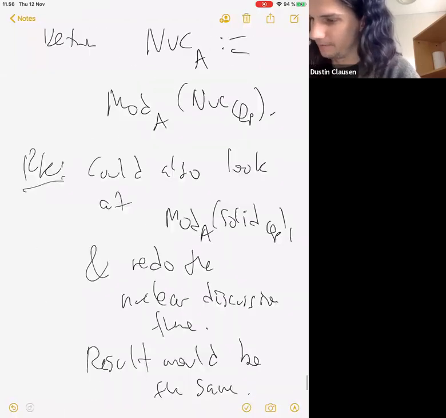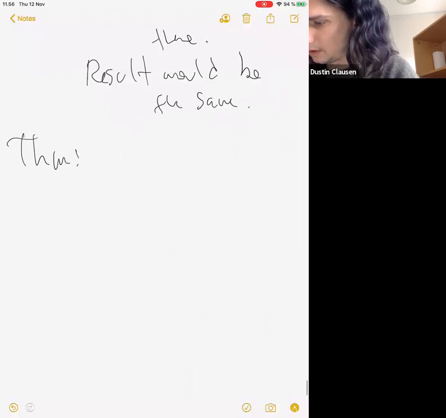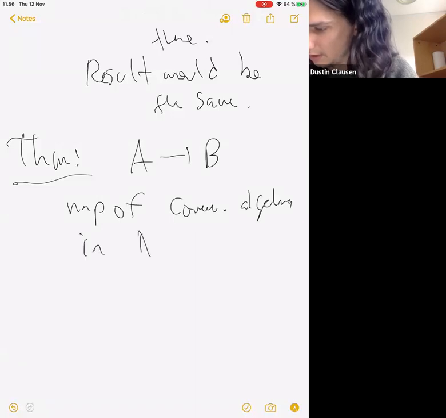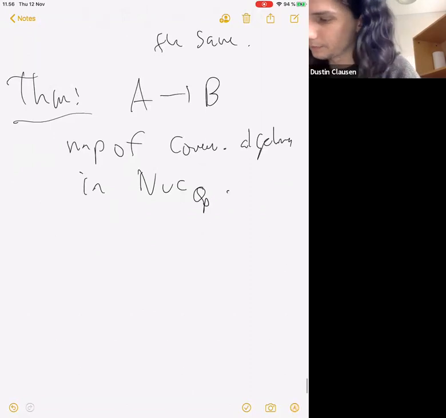So let me state a theorem. Suppose A to B is a map of algebras in Nuc(Q_p). Suppose two hypotheses.